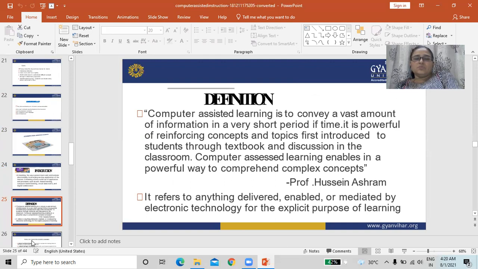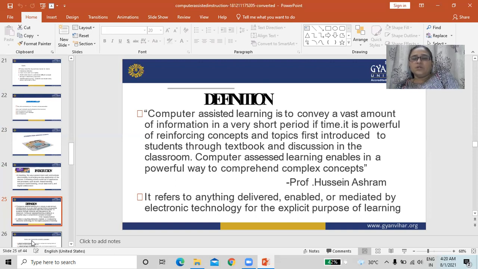Definition: computer assisted learning is to convey a vast amount of information in a very short period of time. It is powerful, reinforcing concepts and topics first introduced to students through textbooks and discussion in the classroom.